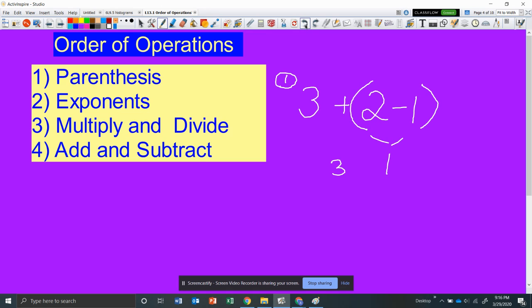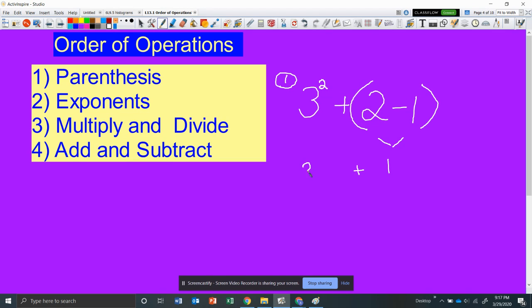The second part is exponents. And exponents are these little things that raise a number to a certain power. So after we do what's in parentheses right here, and we get 1, we have to do what the exponent says. 3 to the second power doesn't mean 3 times 2.